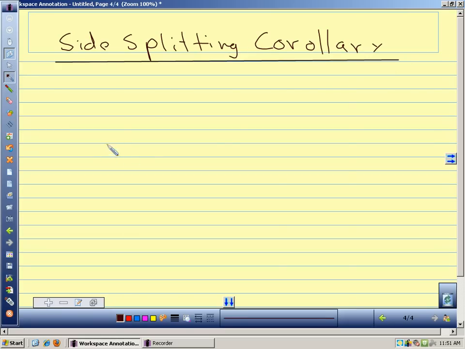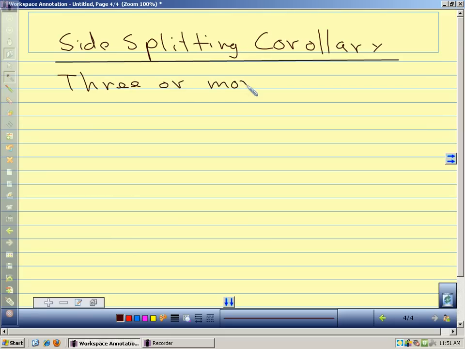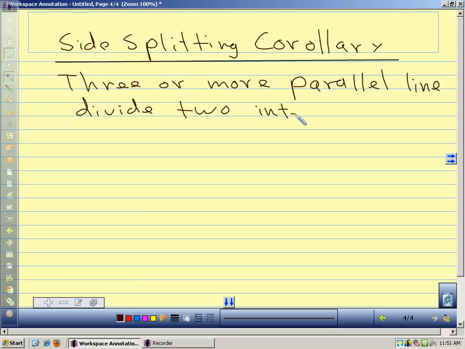So our corollary says that 3 or more parallel lines divide two intersecting transversals proportionally.